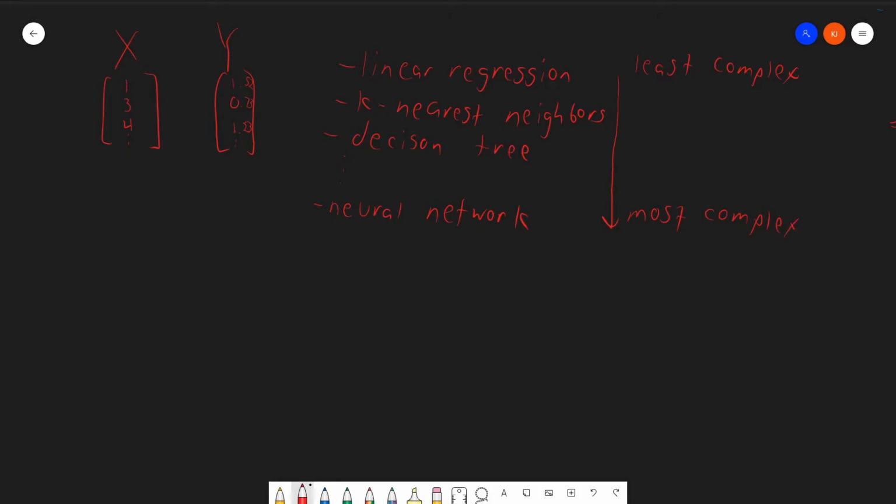So in this case, as I just mentioned, we have this training data set we want to train on to be able to get an X input and predict for some Y. You want to use the least complex algorithm first. If you decide that this can be solved with some regression, maybe you're trying to solve for some function from X to Y, you could try linear regression.